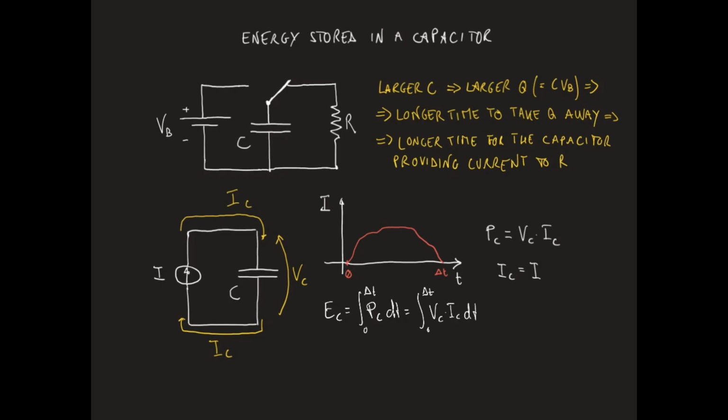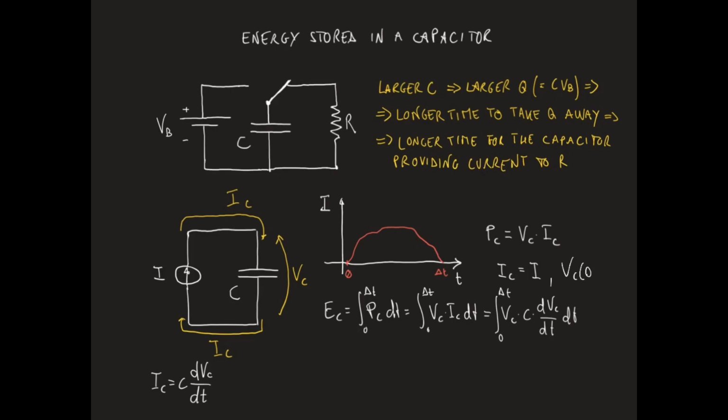Now we know that in a capacitor, the current Ic is equal to the capacitance times the time derivative of the voltage across the capacitor. Therefore, we can rewrite the energy as the integral between 0 and delta t of Vc times C times the time derivative of Vc in dt. Let's assume that the capacitor was fully discharged at the beginning, so at t equal to 0.